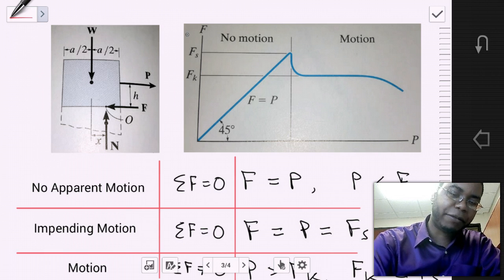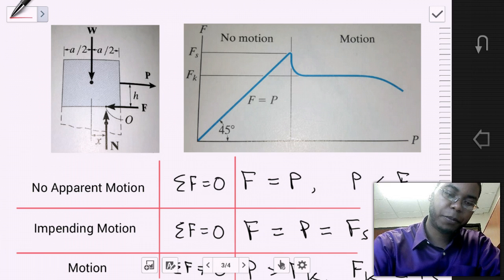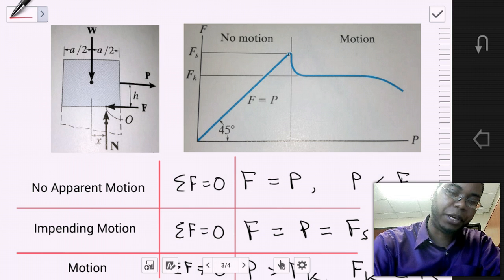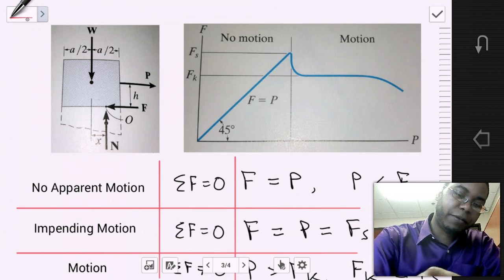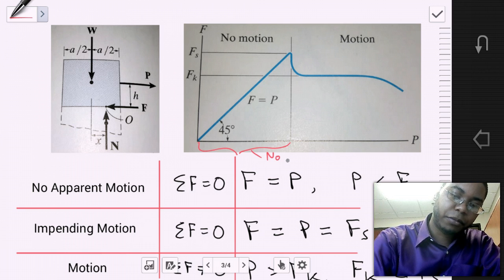Let's go ahead and look at a diagram. If we were to craft a diagram which relates the frictional force F with the applied force P, then from less than P up to the value of P, we have no motion. So for a majority of the life here, there's no apparent motion.